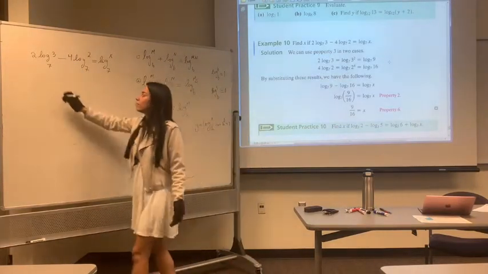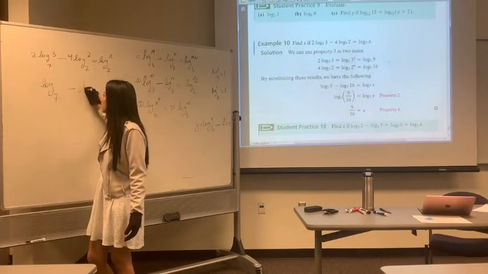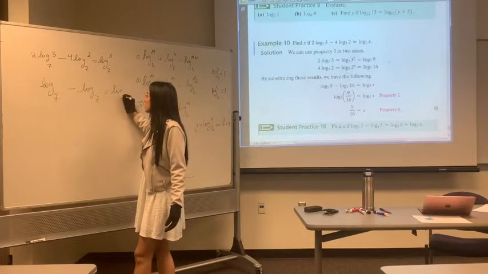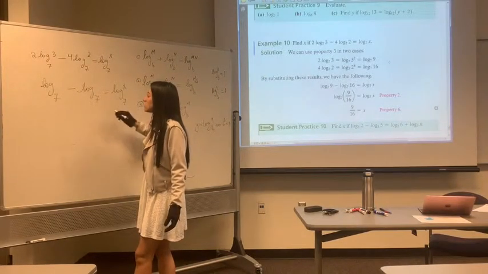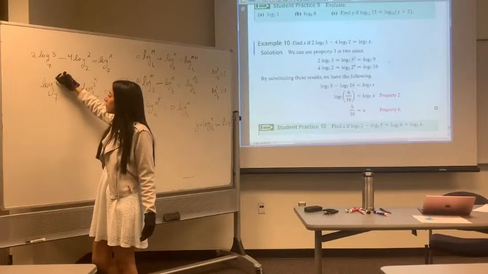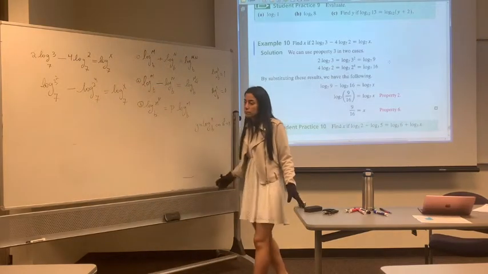So we'll write down log base 7. So this will be 3 power 2. Right?